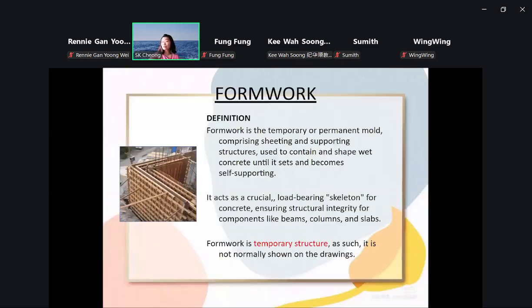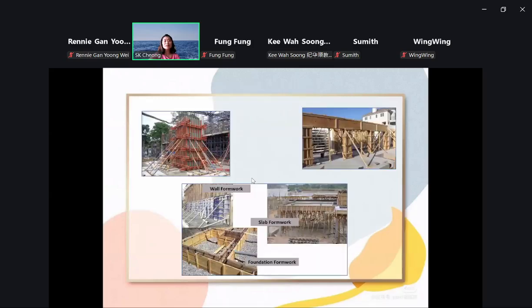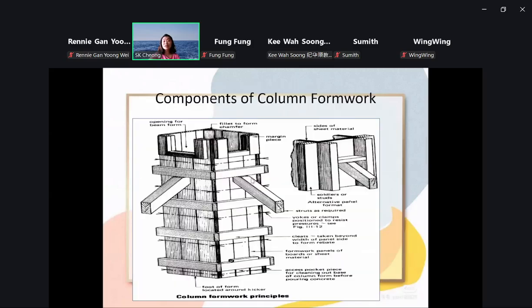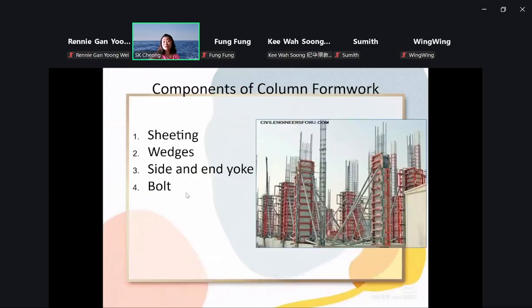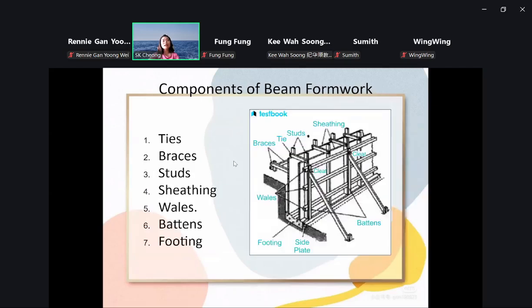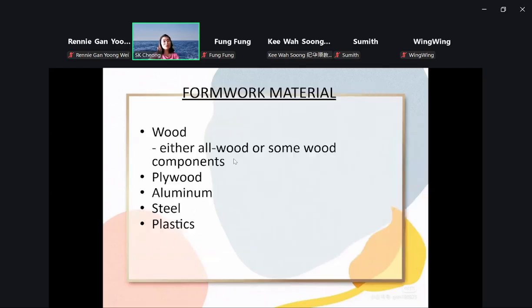The definition is not needed. It is just a temporary shifting. The types and components are these. I do not need to test you. This is wages, this is a boat. And components, material, what types of material?